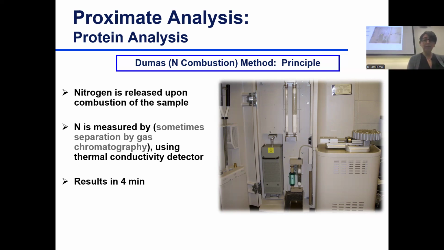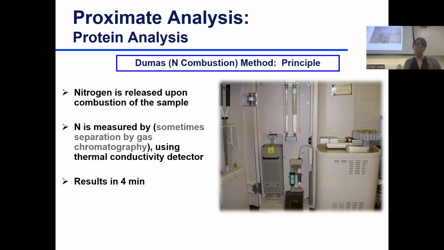The nitrogen gas will go through to the thermal conductivity detector, similar to the conductivity detector we use in a GC, for example. Sometimes the nitrogen combustion unit has a column, like in GC, separating the gases. But our unit, we don't have that column.